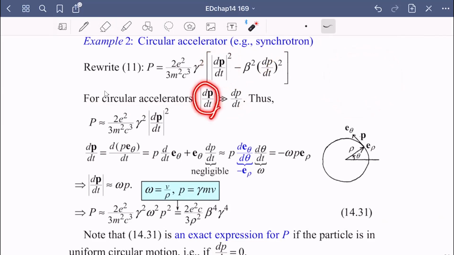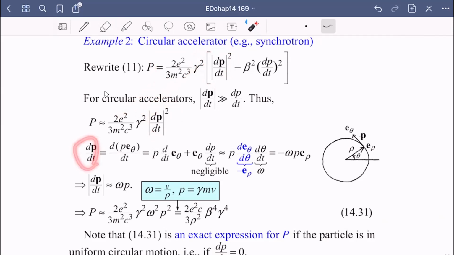This one will relate to 向心力, the centripetal force. So it's 2e squared over 3m squared c cubed, the same coefficient. Just this one. This is related to the acceleration toward the center.